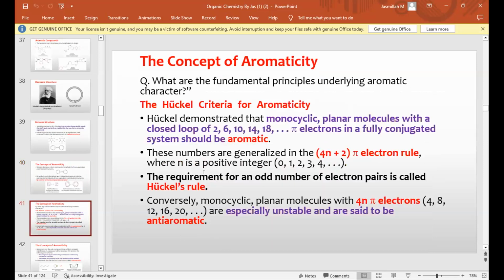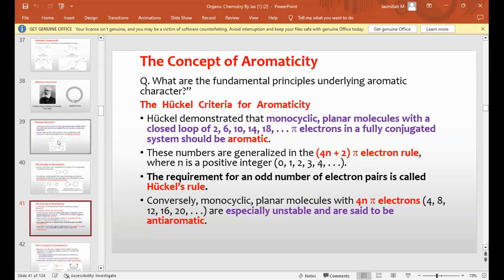So the concept of aromaticity: what classifies a heterocyclic compound as aromatic or non-aromatic? There are three important things you need to consider. First, it needs to be planar, monocyclic, and fully conjugated. At the same time, it should follow Huckel's rule, which says that the number of pi bonds should obey this rule.